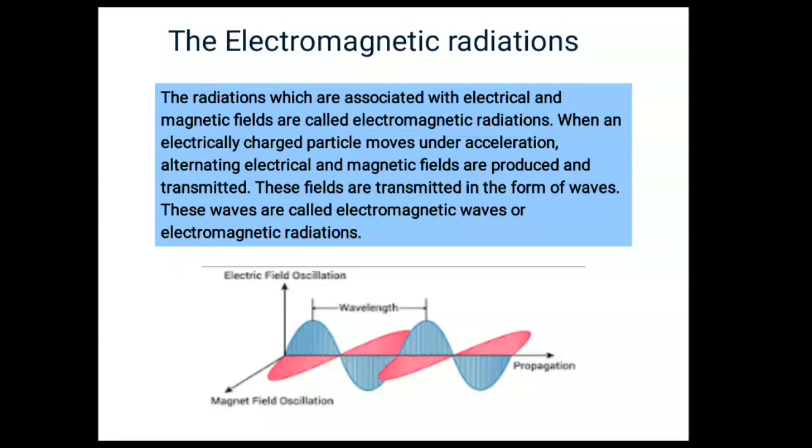So the radiations which are associated with electrical and magnetic fields are called electromagnetic radiations. When an electrically charged particle moves under acceleration, alternating electrical and magnetic fields are produced and transmitted. These fields are transmitted in the form of waves, and these waves are called electromagnetic waves or electromagnetic radiations.